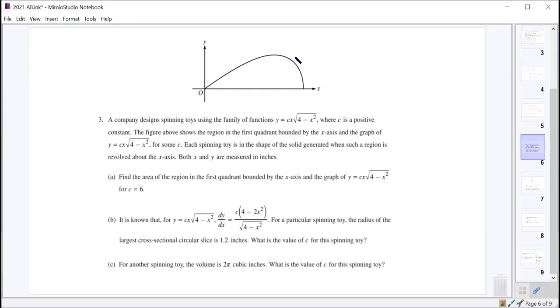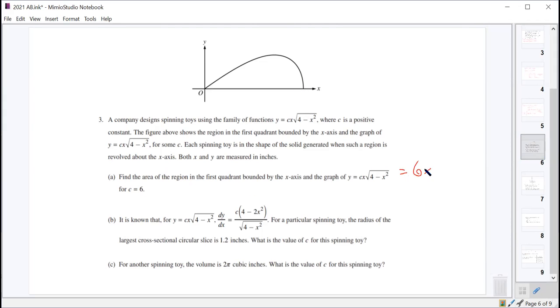So the first thing they want us to do is find the area of the region in the first quadrant, bounded by the x-axis and the graph of y equals cx root 4 minus x squared when c is 6. So if we're just looking for the area, all we need to do is integrate from 0 to whatever this x-intercept is when c is 6.